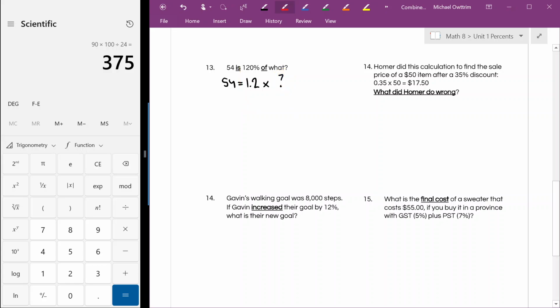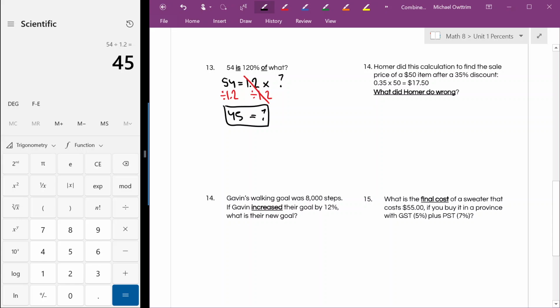So the opposite of multiplying by 1.2 is dividing by 1.2. Of course, I'll keep things fair by doing that to both sides of the equal sign. The calculation I need to do is 54 divided by 1.2. Let's divide that by 1.2, which gives me 45 as the value of my question mark.